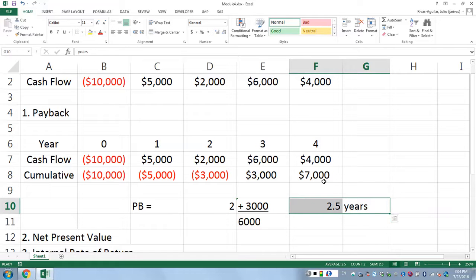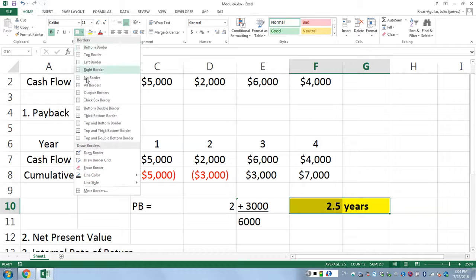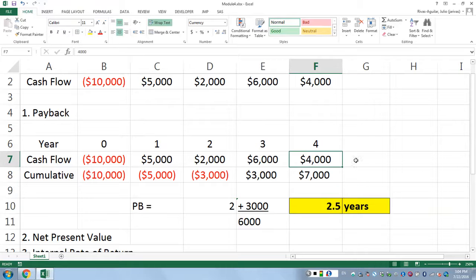So if I ask you, what is the payback for this project? It's 2.5 years. Now, is that a good time frame? Would you be willing to wait 2.5 years to get your money back? Well, it all depends on you. It all depends on whether you think 2.5 years is a good time frame.